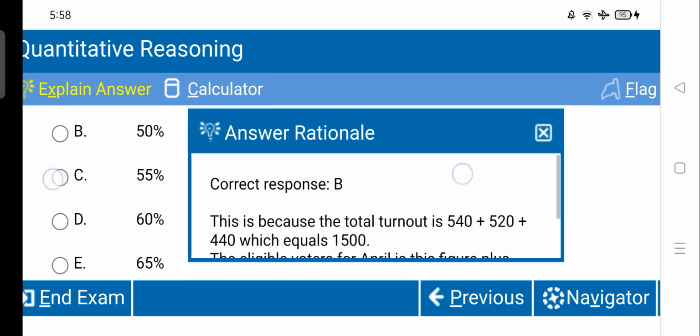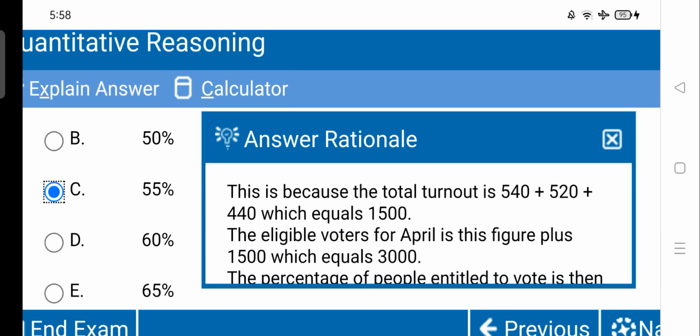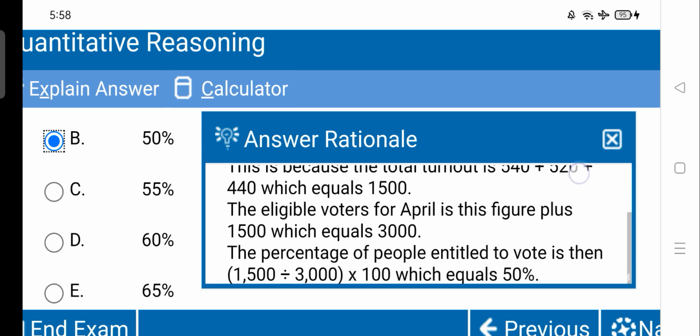So the correct response is option B. This is because the total number turned out is 540 plus 520 plus 440, which equals 1500. The eligible voters for April is this figure plus 1500, which equals 3000.